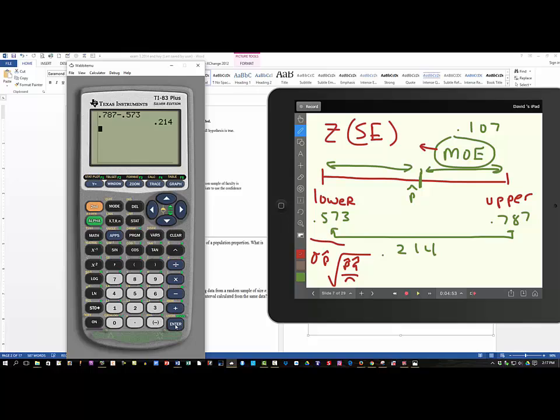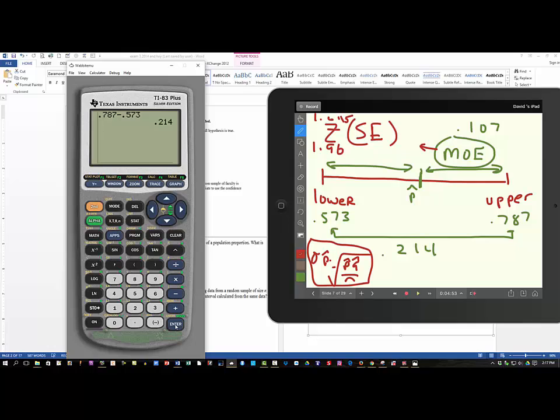We really don't need any of that to work this out, but just in case you see it in other places. Well, z times the standard error is the margin of error. With a 90% confidence interval, that z is 1.645. And basically what we want to do is change that to a 95% confidence interval. So instead of z being 1.645, it's going to be 1.96.